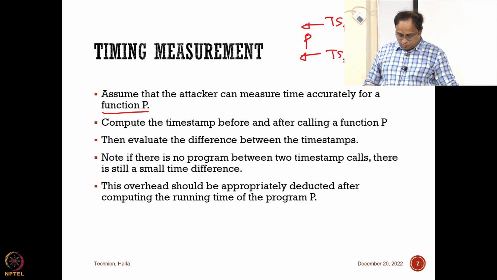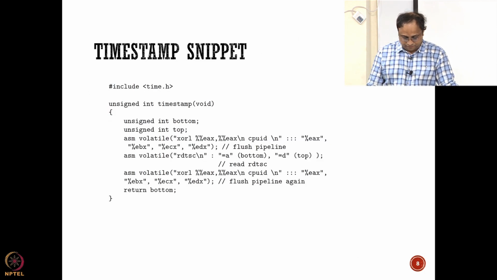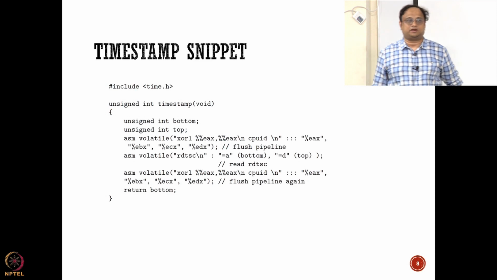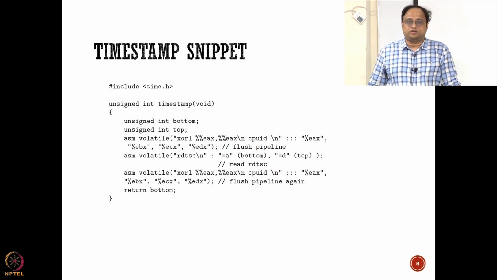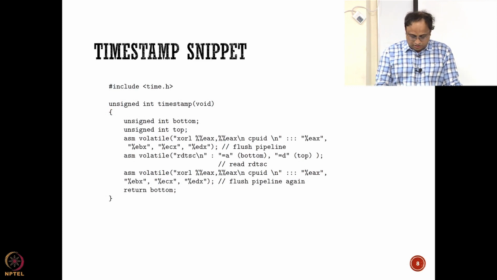In order to calculate this timestamp, I will give you this slide so you can play around with it also. This is usually the code that we use often for very accurate timing measurements. In particular, we use this timestamp counter called RDTSC, which we use to get very accurate measurements of time.